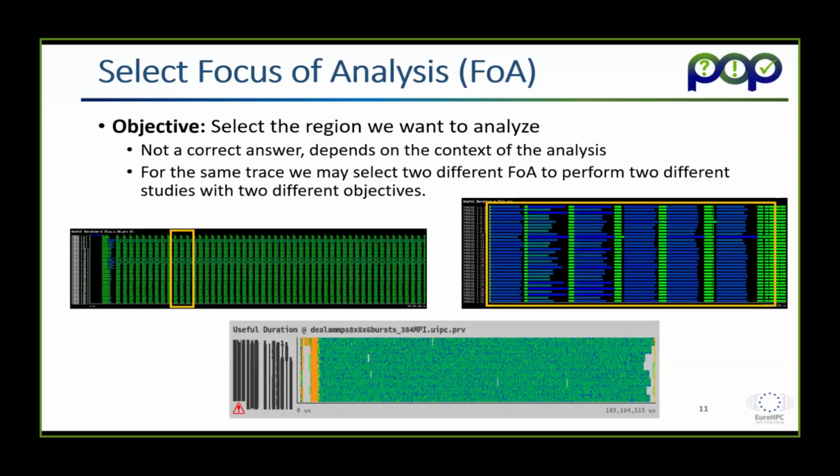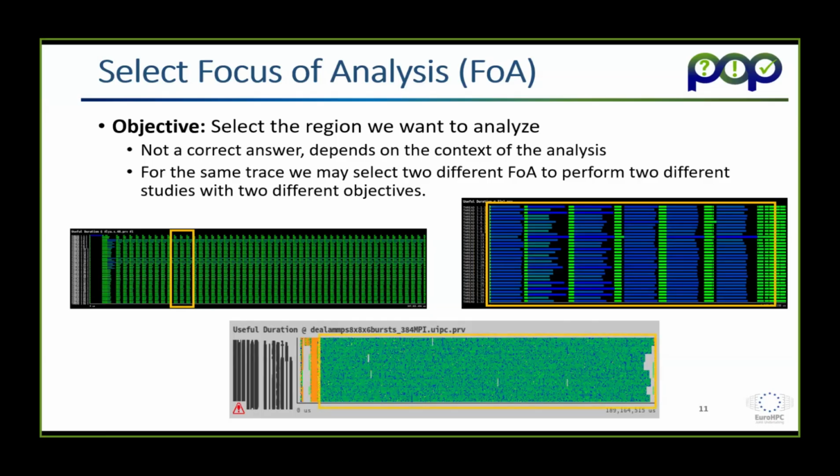For the irregular application that didn't have the same pattern, we decided to take all the iterations as the focus of analysis, because cutting one or another will give you very different information about load balance, for example. So in this case, we had to take the whole execution, just leaving out the finalization.